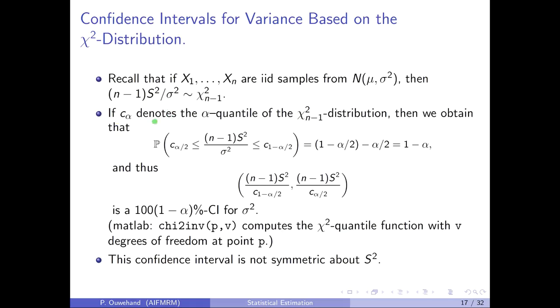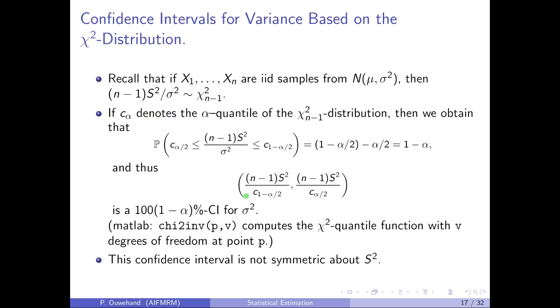If C alpha denotes the alpha quantile of the chi squared distribution with n-1 degrees of freedom, then we obtain that the probability that this quantity over here lies between C alpha over 2 and C 1 minus alpha over 2 is just equal to 1 minus alpha.